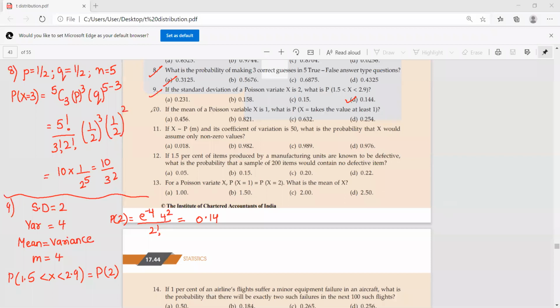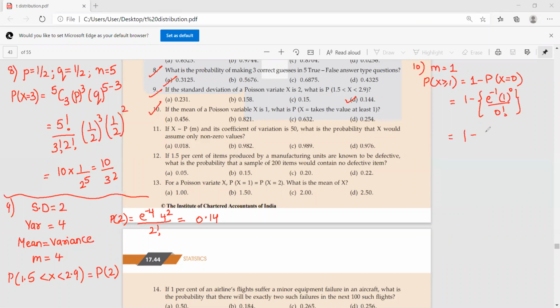So let us move ahead for sum number 10. If the mean of the Poisson variable is 1, correct, so m given to you is 1. They have asked the value if x takes at least 1. So we have studied this. Probability of at least 1 is 1 minus probability of none. So that will be 1 minus e to the power minus m, m to the power 0 upon 0 factorial.